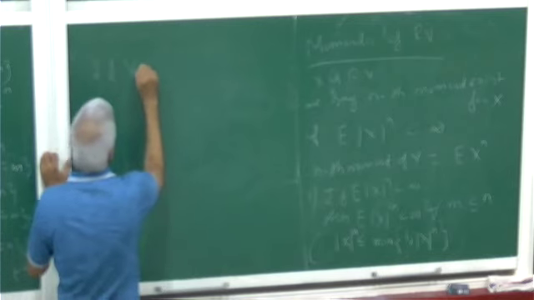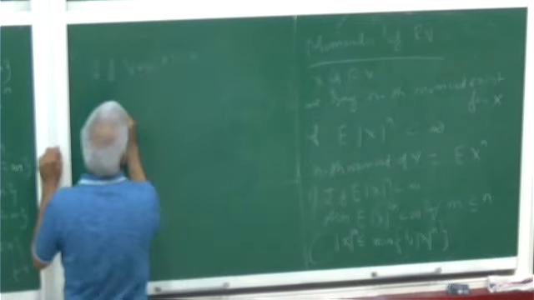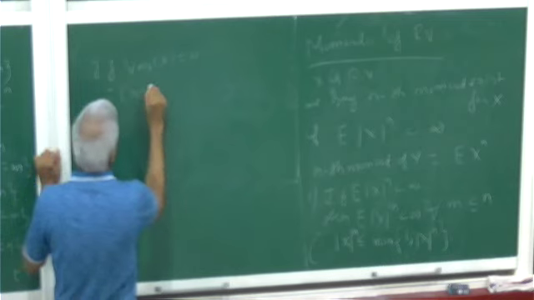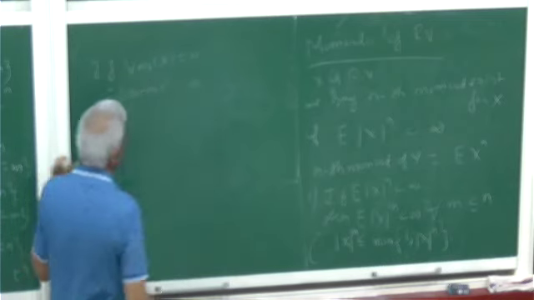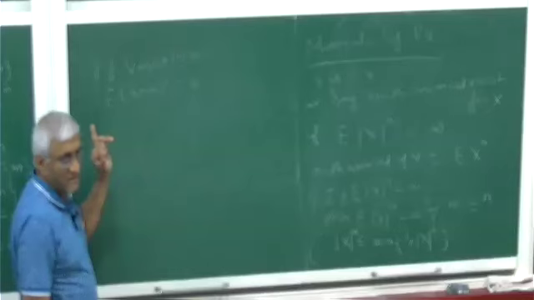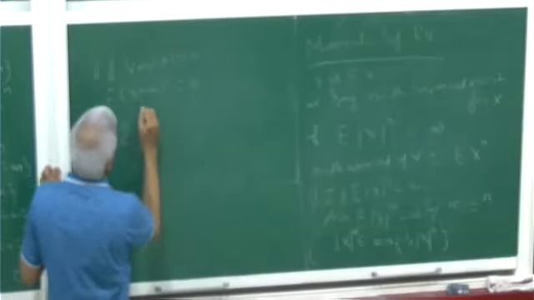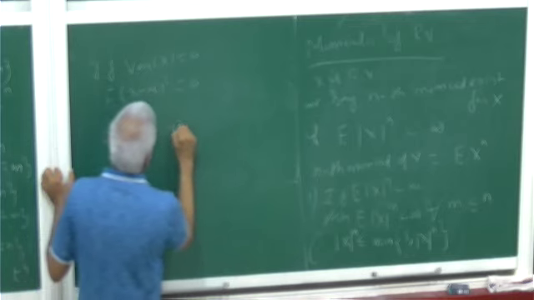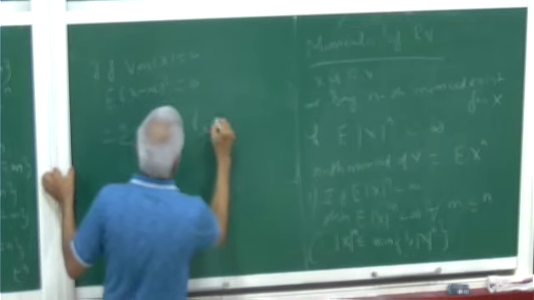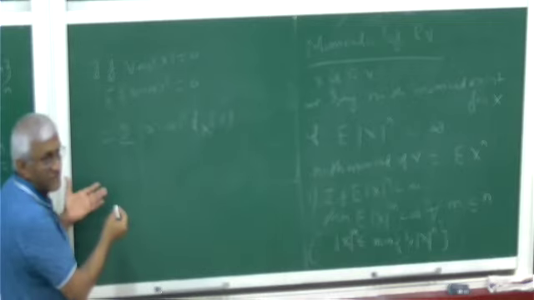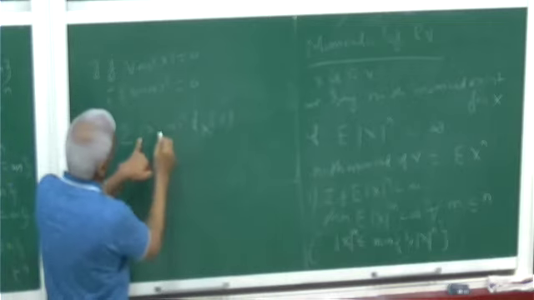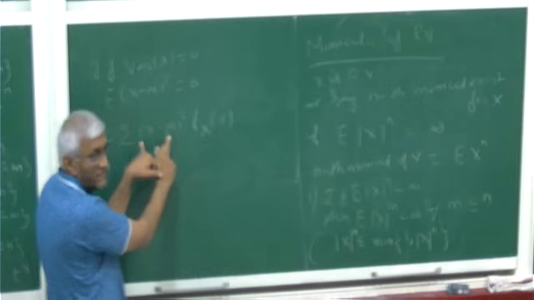If variance of x equal to 0, that is E[(x minus mu)^2] equal to 0. Since this is just the summation of (x minus mu)^2 times f(x) at x, if this is equal to 0, then it can have value only for x equal to mu.